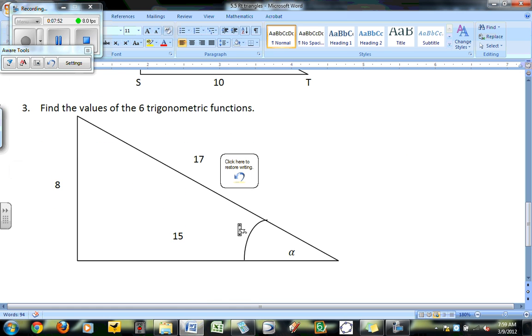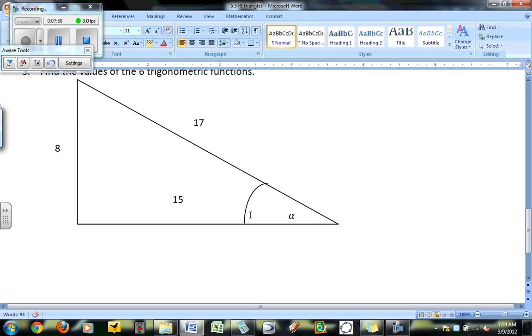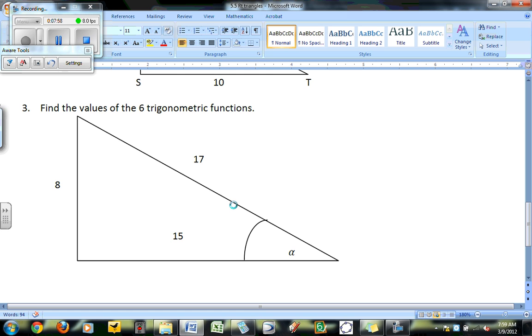And in this last one, find the values of the 6 trigonometric functions for alpha here. We've gone through this before, but our 6 trig functions are sine of alpha, cosine of the angle alpha, tangent of alpha, and then what goes with sine is cosecant of alpha, secant of alpha, and cotangent of alpha.